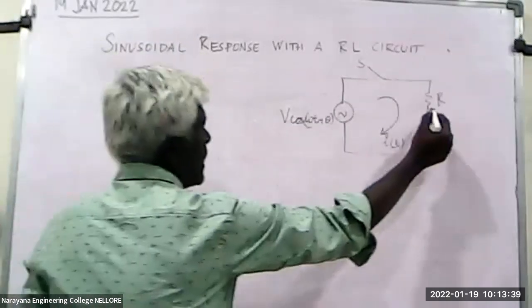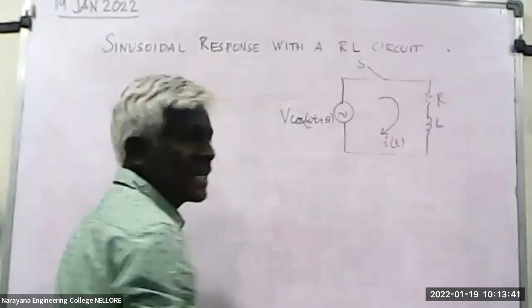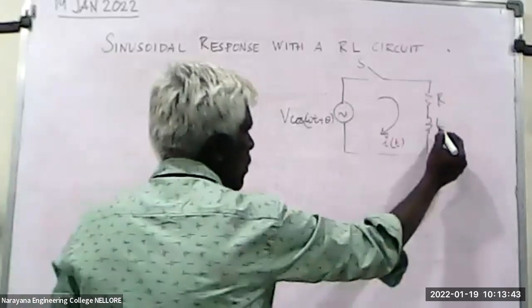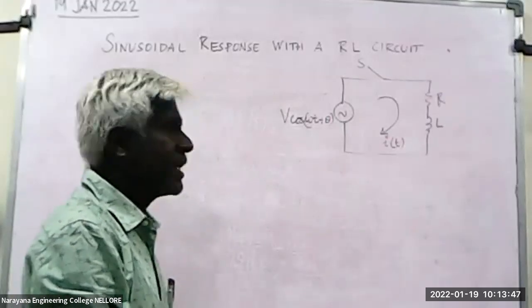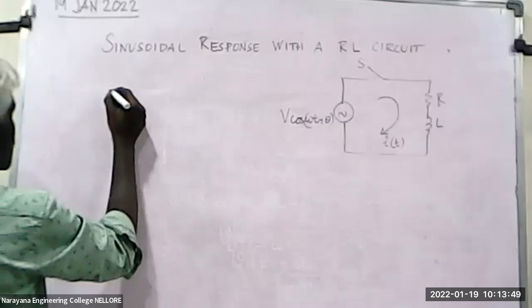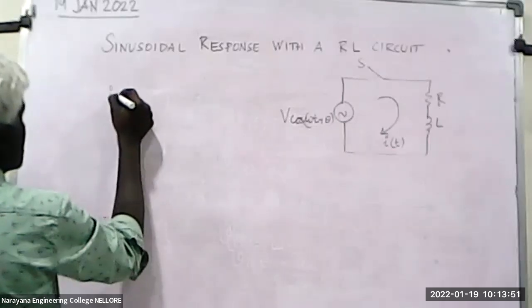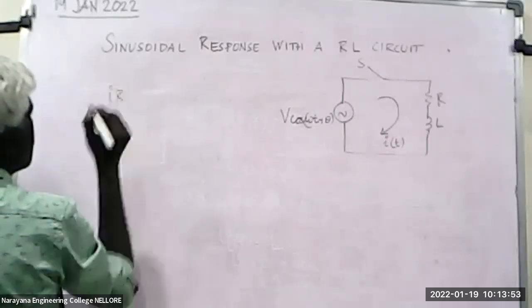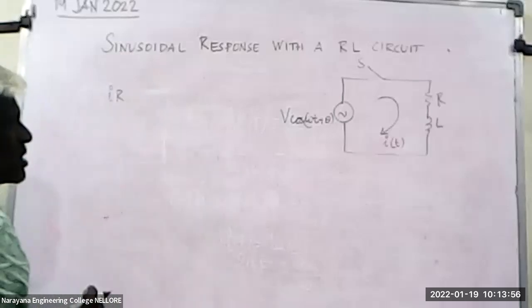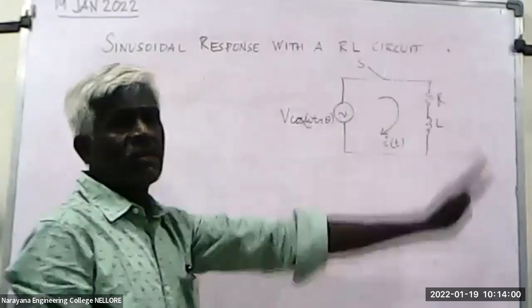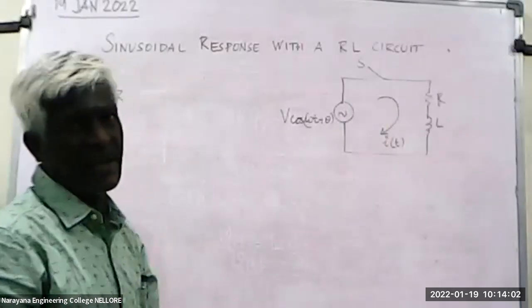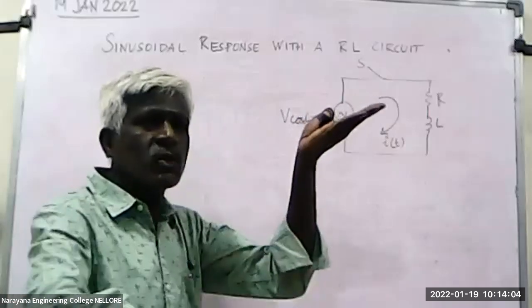So we get a drop here. We call it the IR drop. We get a drop here, we call it the inductive voltage, that is L di by dt. The sum of the applied voltage, the potential rise, is equal to the sum of the potential drops as per KVL, right? Whatever you rise, they all should be dropped.